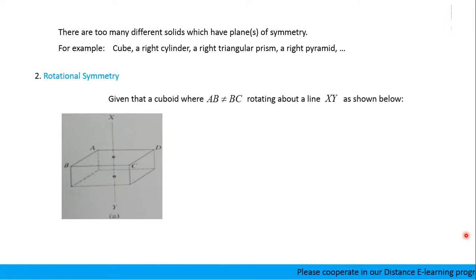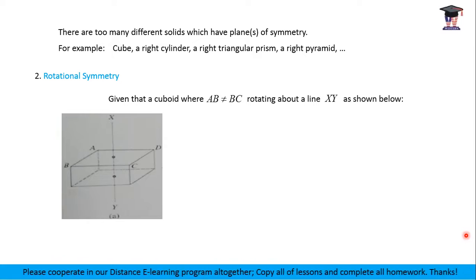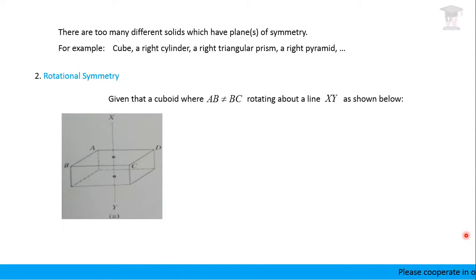You also can observe it from your textbook on page 255.